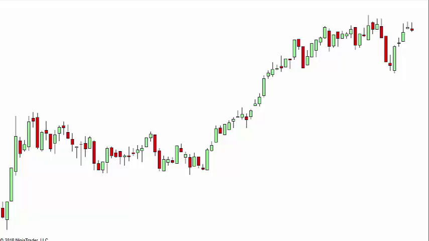It's when within this sideways move here, we get a bar like that, where it opens and closes near the high, and you've got this fairly long wick at the low end. Normally, it's not going to be real long because of the nature of this move, which is just basically going sideways. But that is a rejection of value of these lower prices.